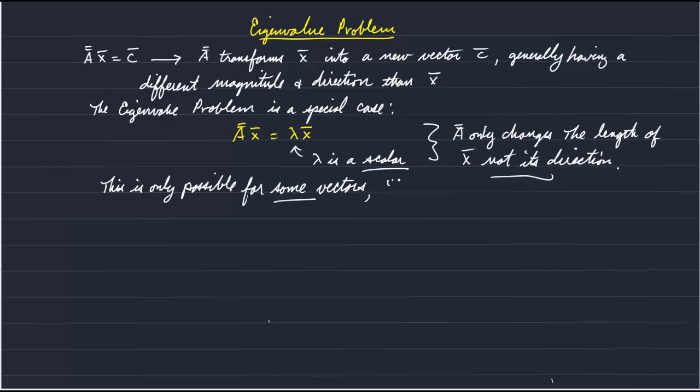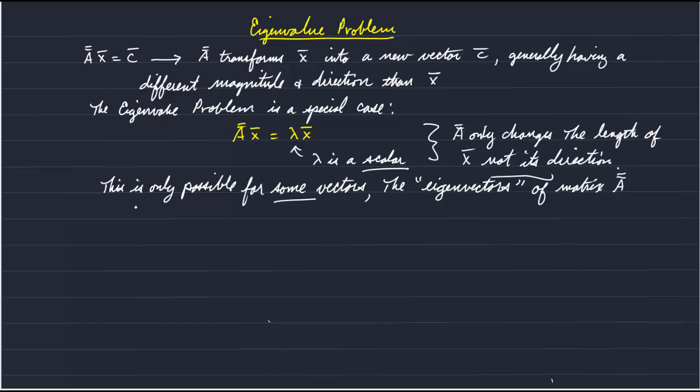And those vectors are the eigenvectors. So only for the eigenvectors of matrix A will operating A on those vectors only change its magnitude and not its direction.